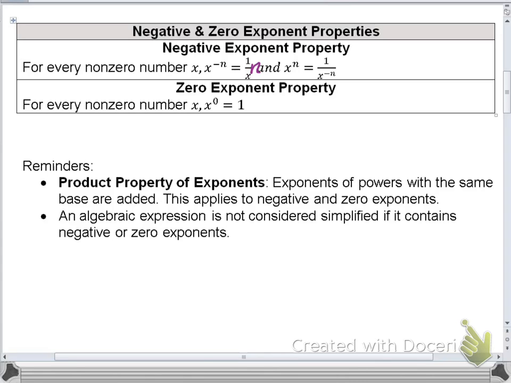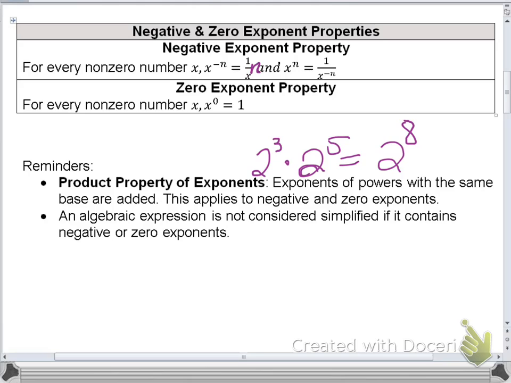And just a couple of reminders here. The product property of exponents is when exponents of the powers with the same base are added. So an example of that would be if we have 2 to the third power times 2 to the fifth power, that's going to equal 2 to the 3 plus 5 power, which is 8th power.